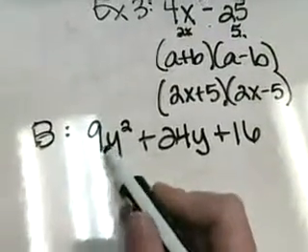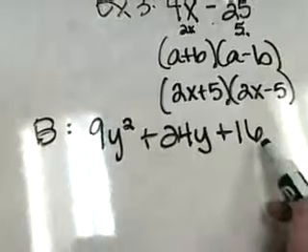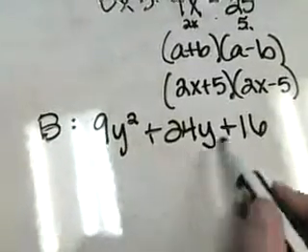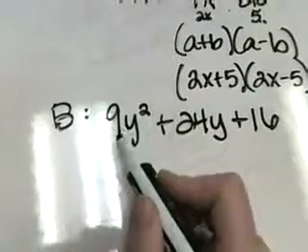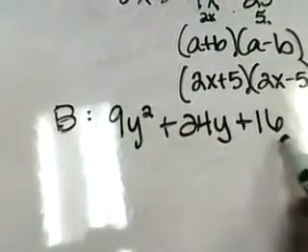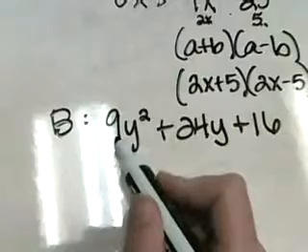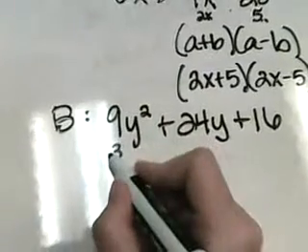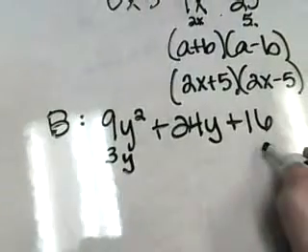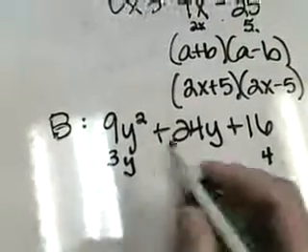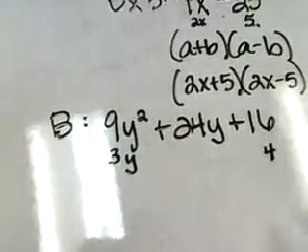No, I cannot take anything out of 9, 24, and 16. They don't all have y's, so I can't take variables out. So the next question, are the first and the third perfect squares? Yes, they are. Square root of 9 is 3. Square root of y squared, of course, is y. And the square root of 16 is 4. 3 squared is 9. 4 squared is 16.